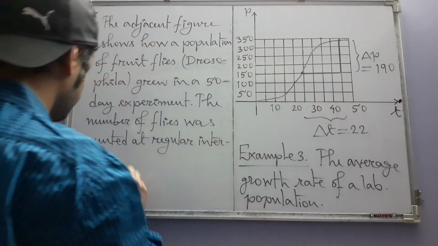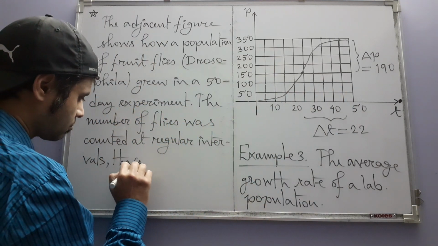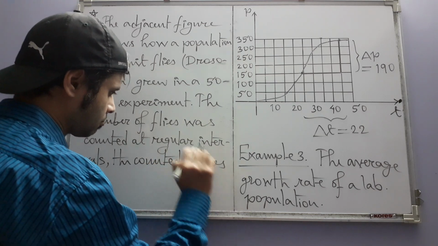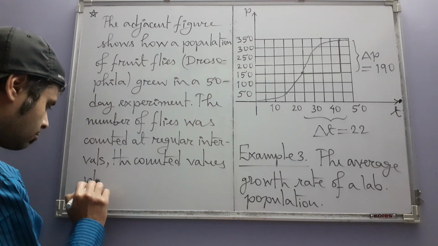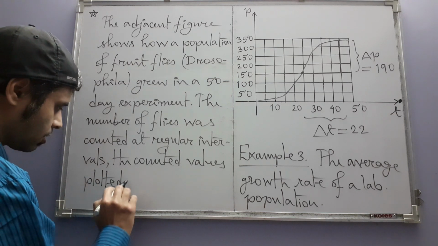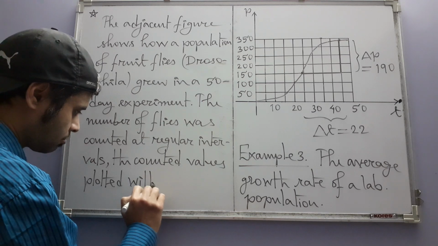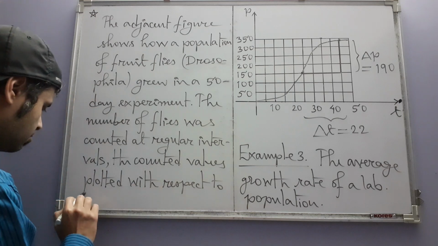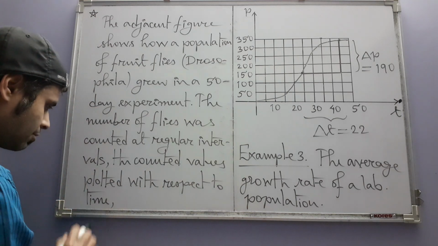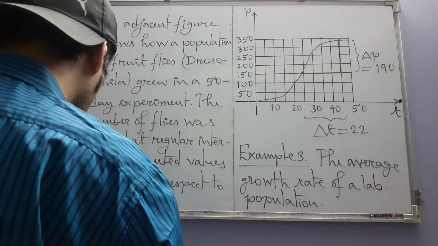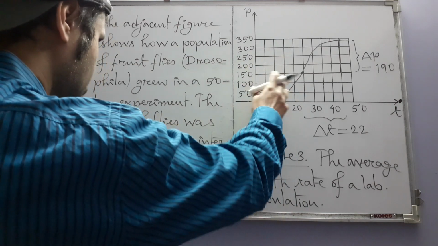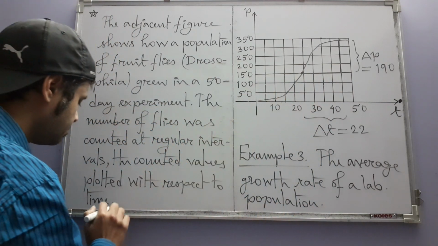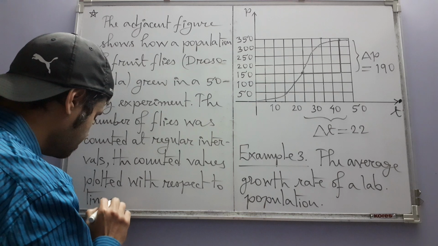This is the time. And those points were joined by a smooth curve. Well, it does not look really smooth, but you understand. In the text it's given nicely.